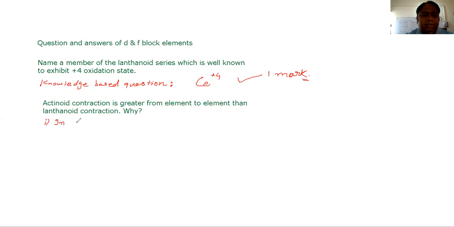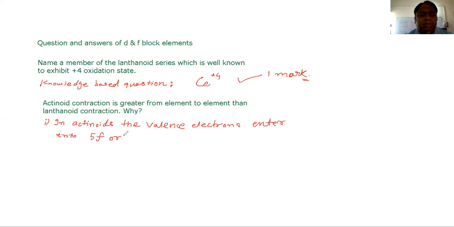In actinoids, the valence electrons enter into the 5f orbital.